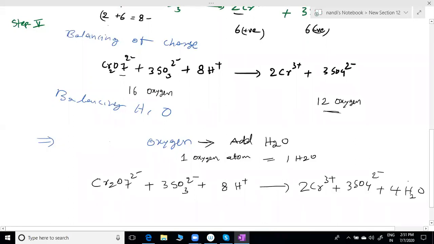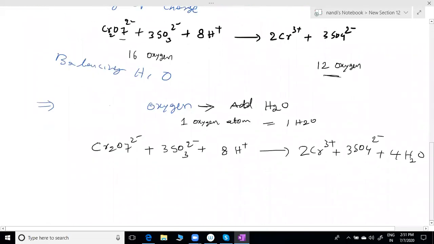To fulfill that one, 4 H2O added. Can you check it, is the total number of atoms balanced on the left and right side or not? Here chromium atoms, oxygen atoms, sulfur atoms and hydrogen atoms. So is it balanced or not?